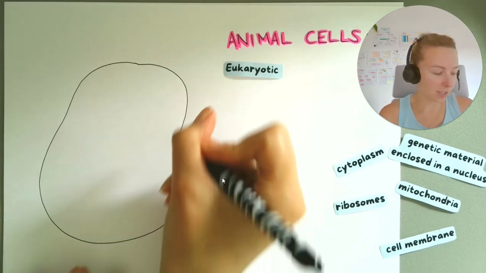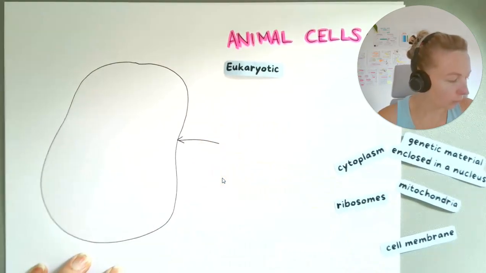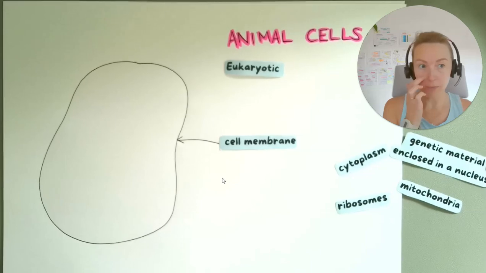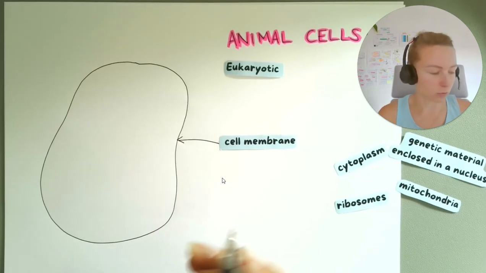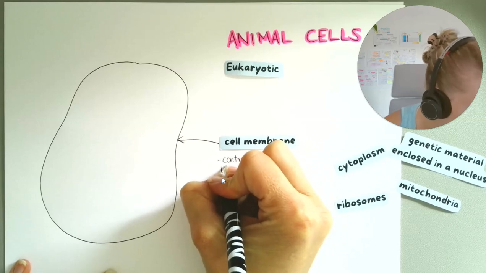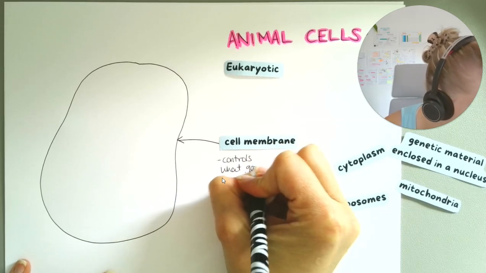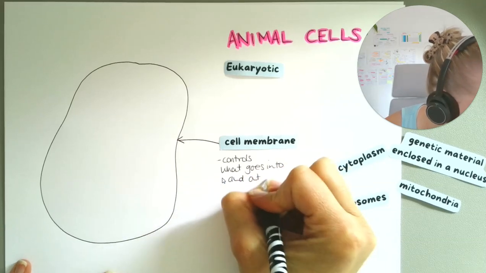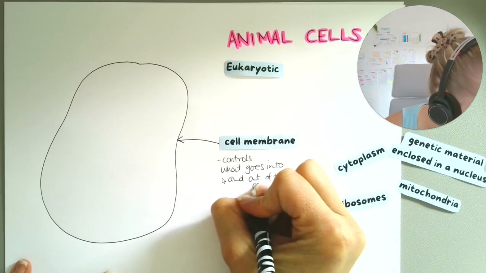Okay, so around the outside, we have got a cell membrane. And you need to know what the different bits are in this cell, but also what these do. So this controls what goes into and out of the cell.